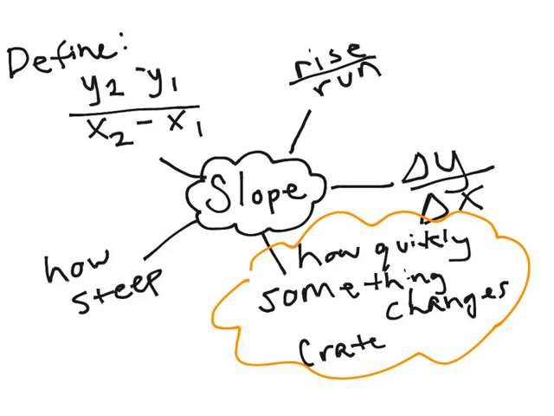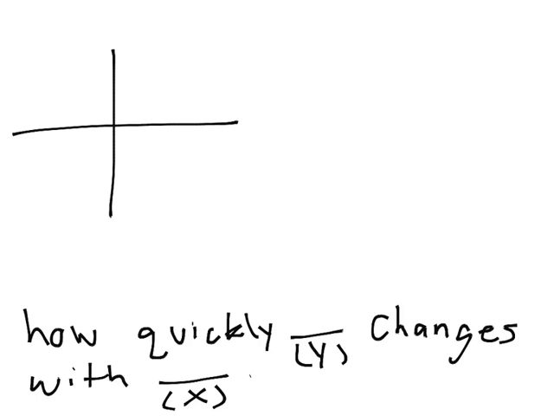I can't write the C. There we go. So, what changes are happening. We call this rate. Alright, so the way I like to think about slope is really how quickly the y, or whatever is the y, changes with whatever the x is.